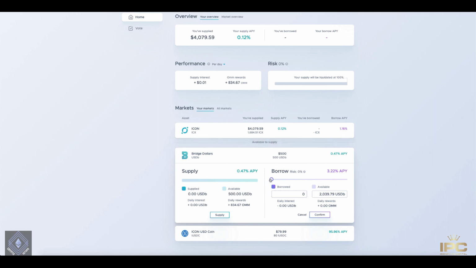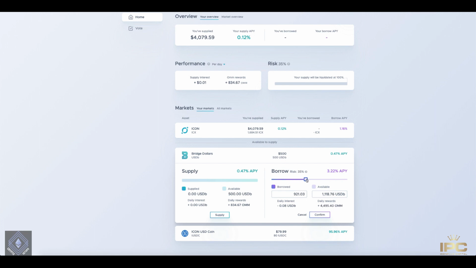I can then go and borrow on an interest rate a certain amount of USDB and then send it straight to my bank account, because that's how USDB works. USDB is minted when money comes across from the fiat bank accounts. So vice versa. That's an interesting and great use case. So for the sake of this, let's do that.